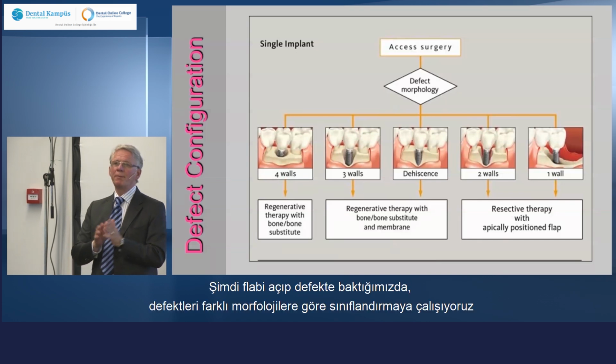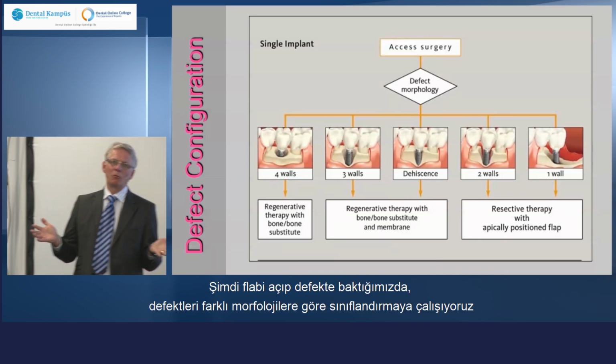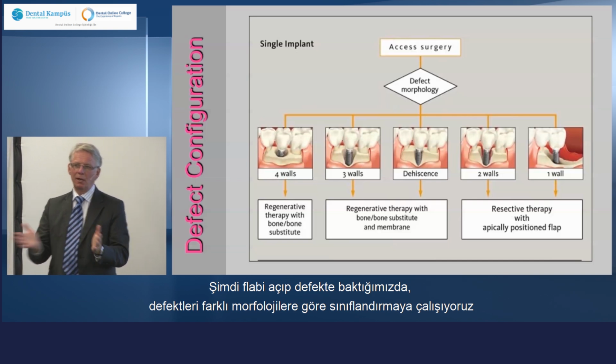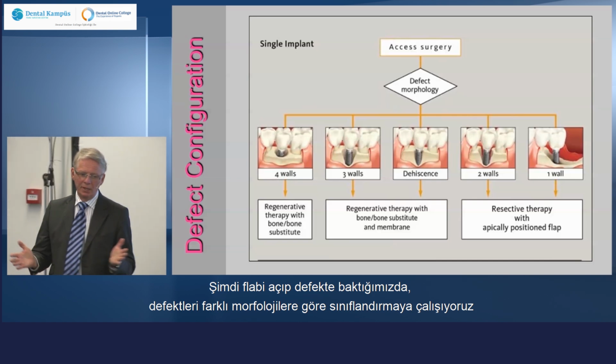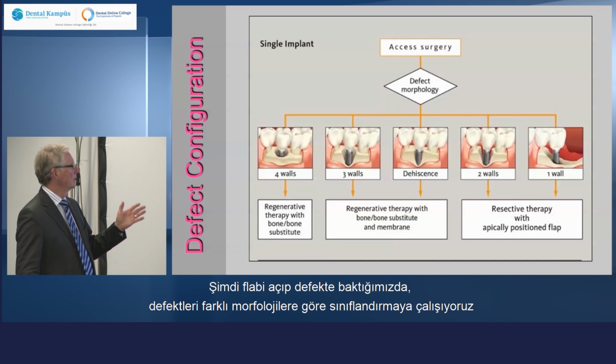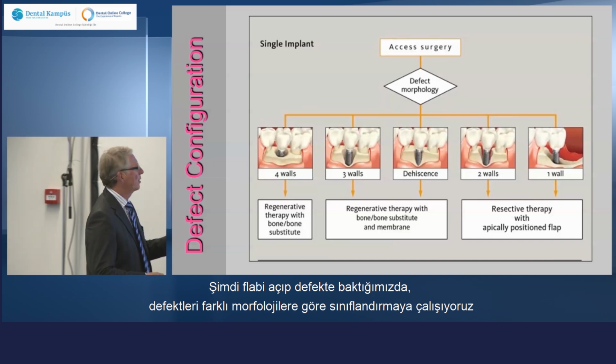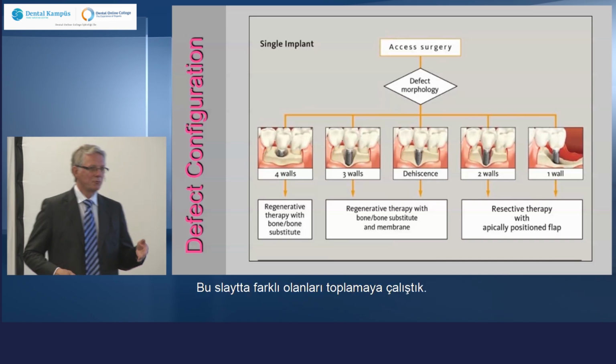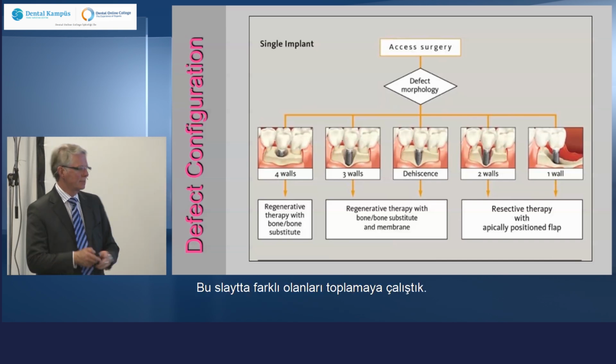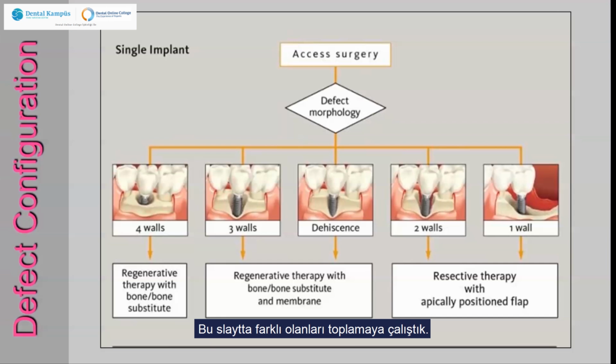Now, when we open up the flap and we look at the defect, we can try to categorize the defects into different morphologies. So we have tried to depict in this slide just the different ones.